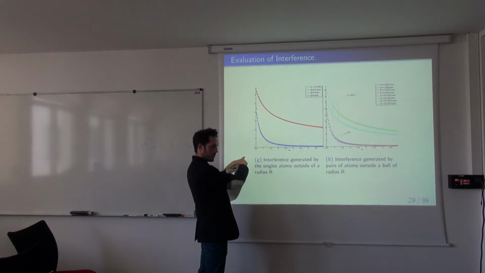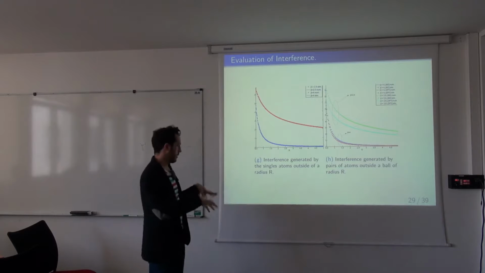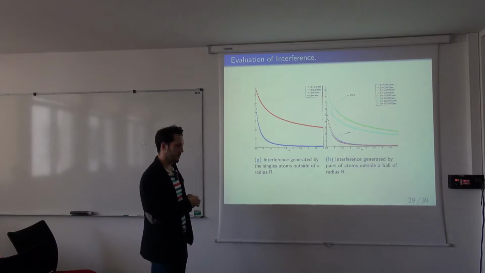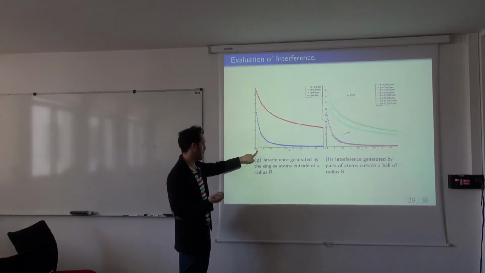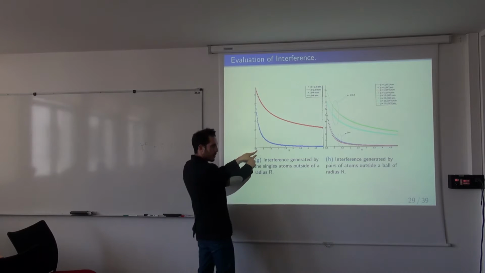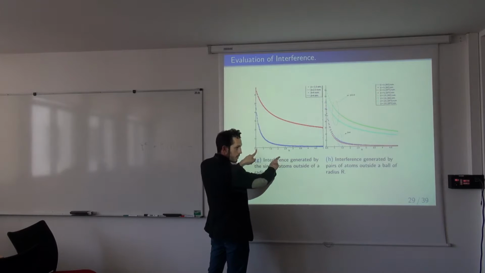Interference for whom? This is interference experienced by a typical user, at a certain point from a base station, from the origin. So this is the interference received by the typical user, generated by the single points.